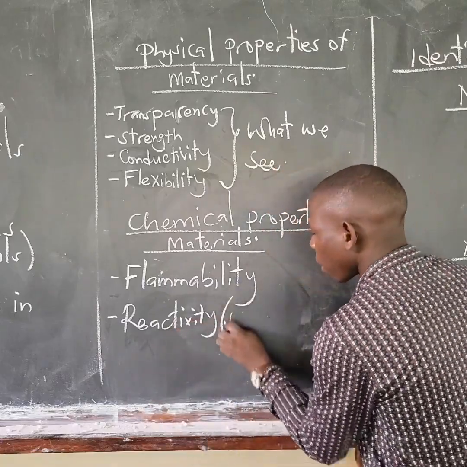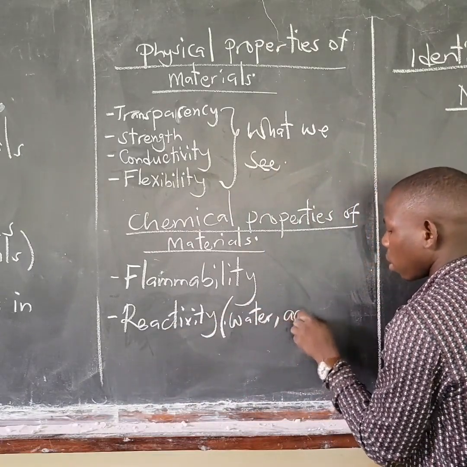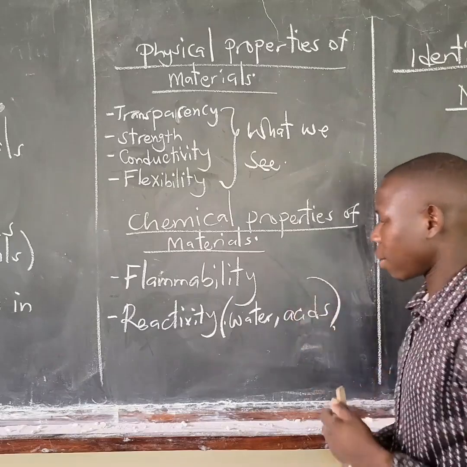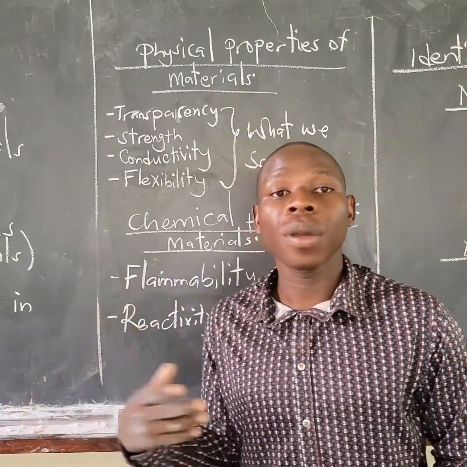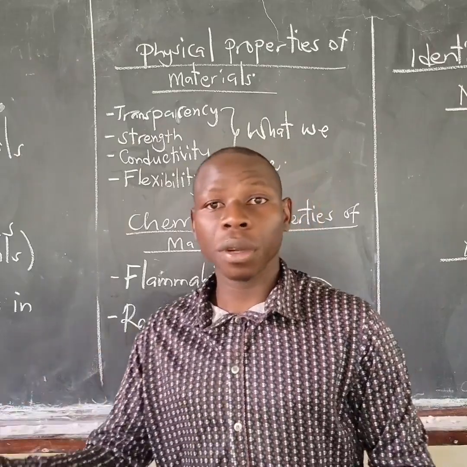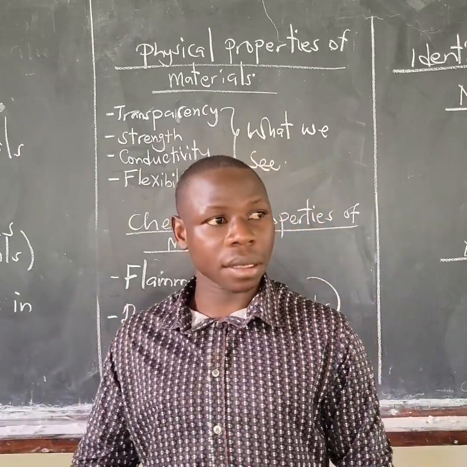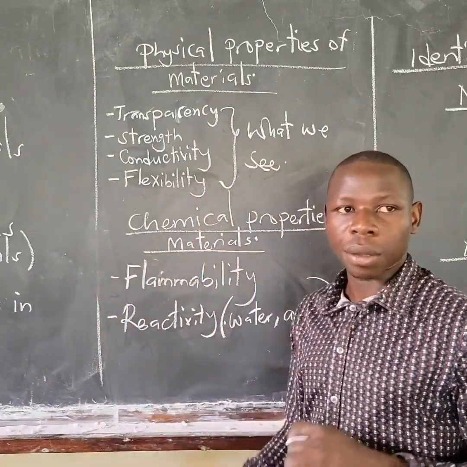And when you say reactivity, we mean water and acids. Chemical properties: this is how these materials react or behave when they come into contact with something else. How do they behave? Those are the chemical properties.